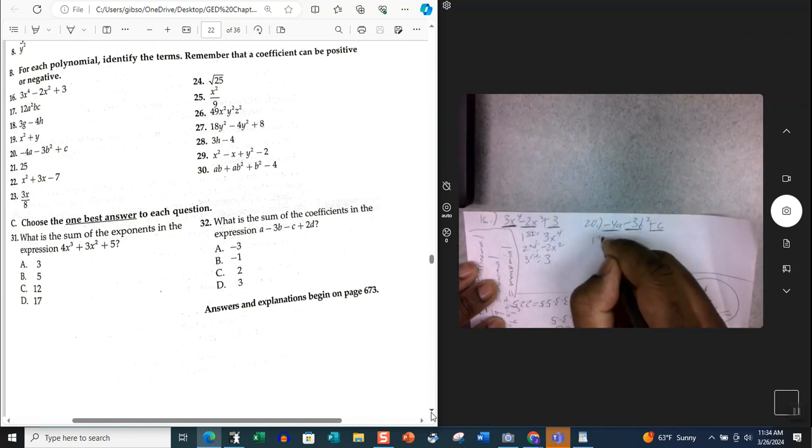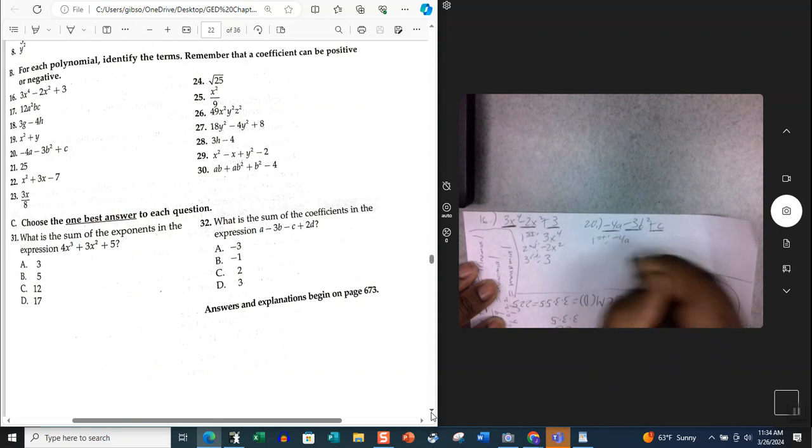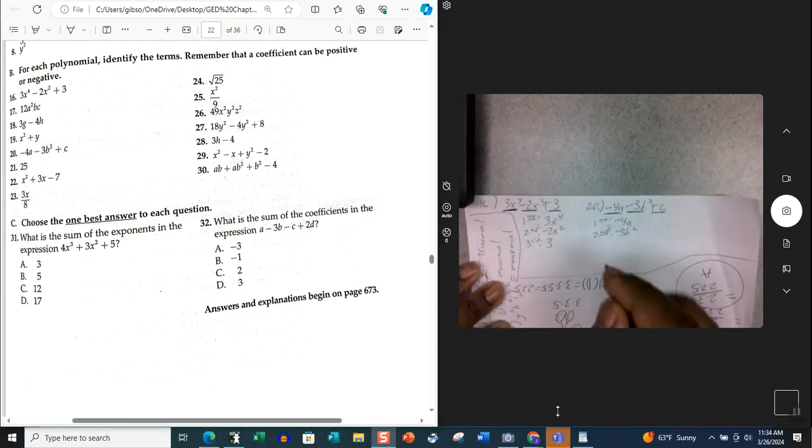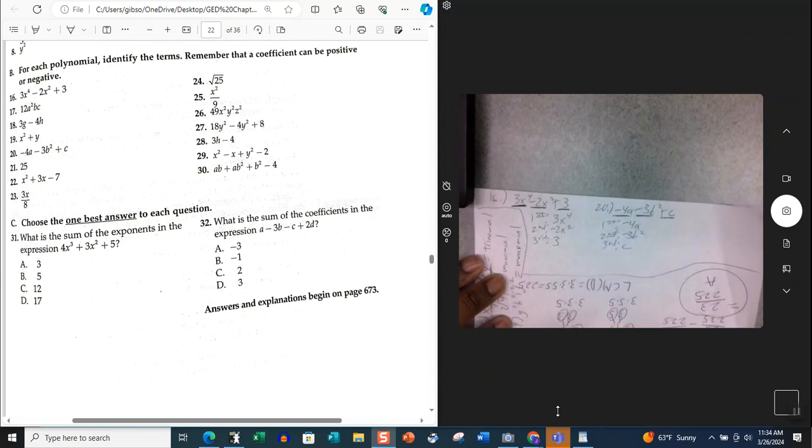The first term is negative 4a. The second term is negative 3b squared. And then the third term would just be c, because we don't have to write the plus sign. So those are your 3 terms for problem 20.